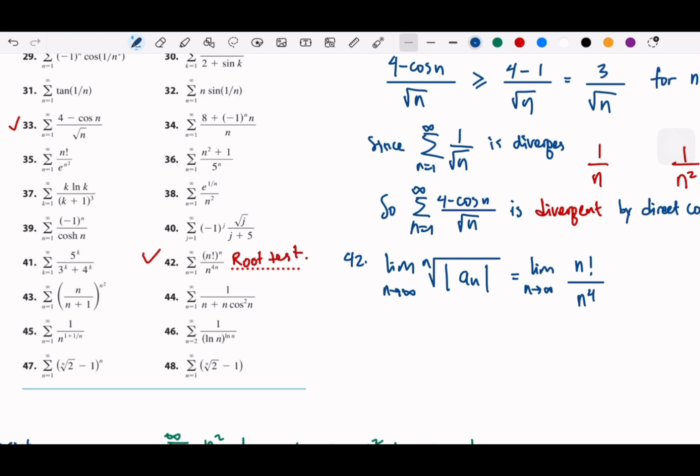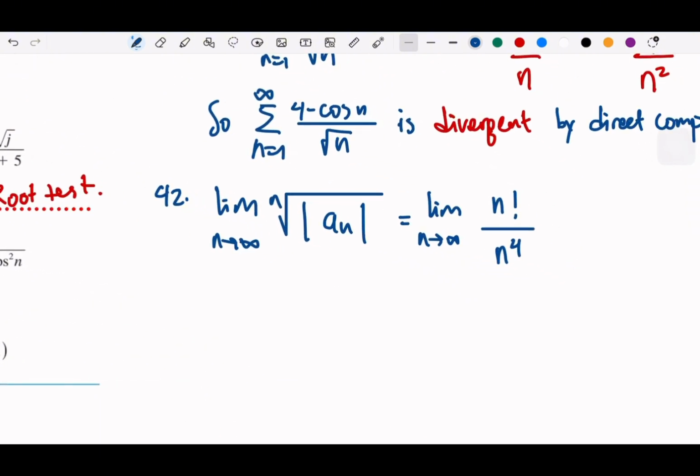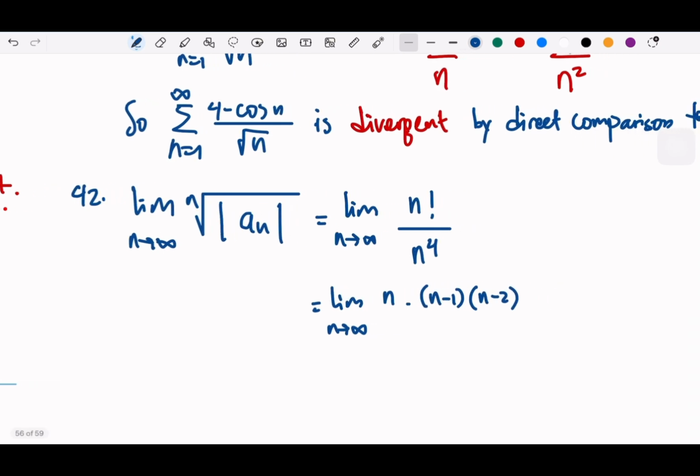But sometimes if you need to convince yourself, we could try using the n factorial. For example, the n factorial, we can rewrite this as n, and then n minus 1, multiply n minus 2, n minus 3, and so on up till there, factorial, because it will be many terms.